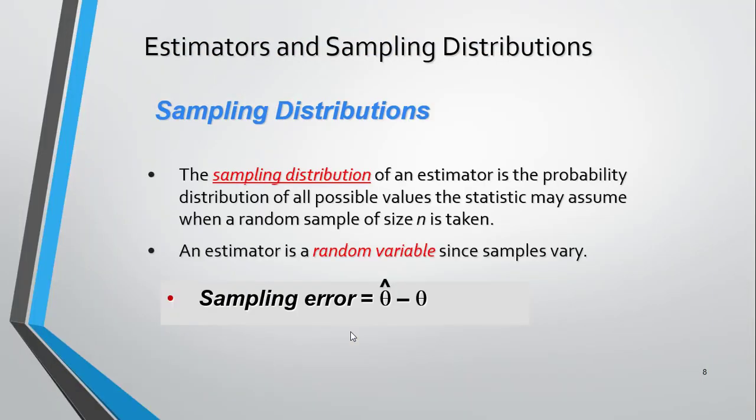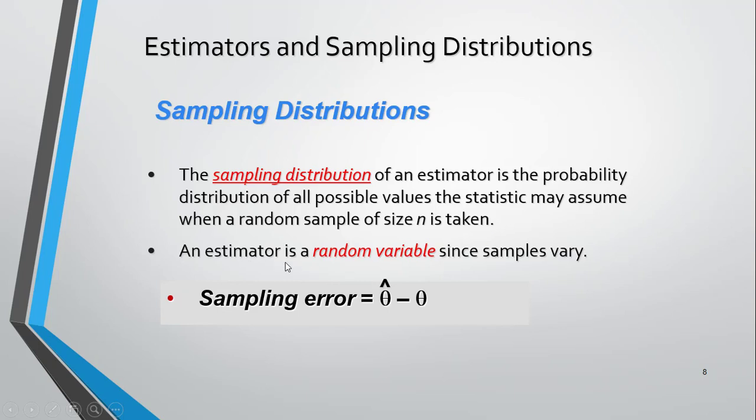What is a sampling distribution then? The sampling distribution of an estimator is the probability distribution of all possible values the statistic may assume when a random sample of size n is taken. Let me repeat that. The sampling distribution of an estimator is the probability distribution of all possible values the statistic may assume when a random sample of size n is taken.